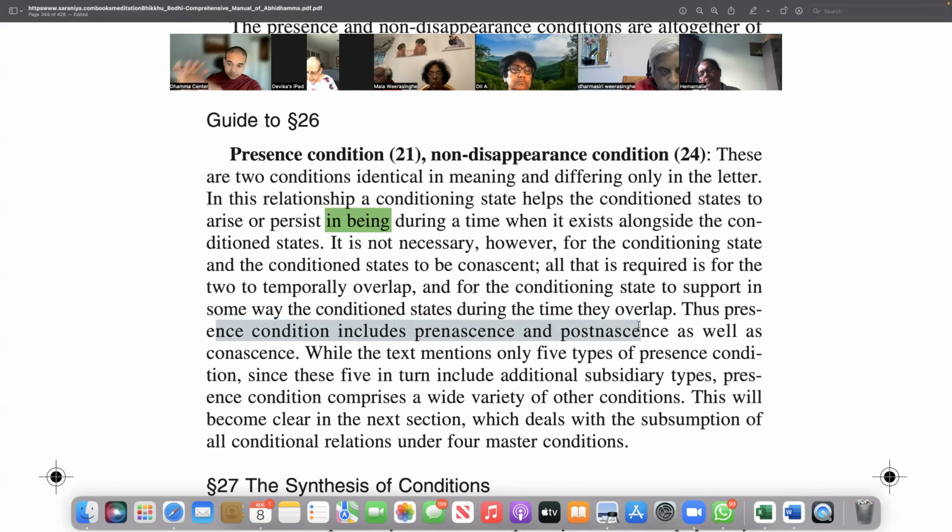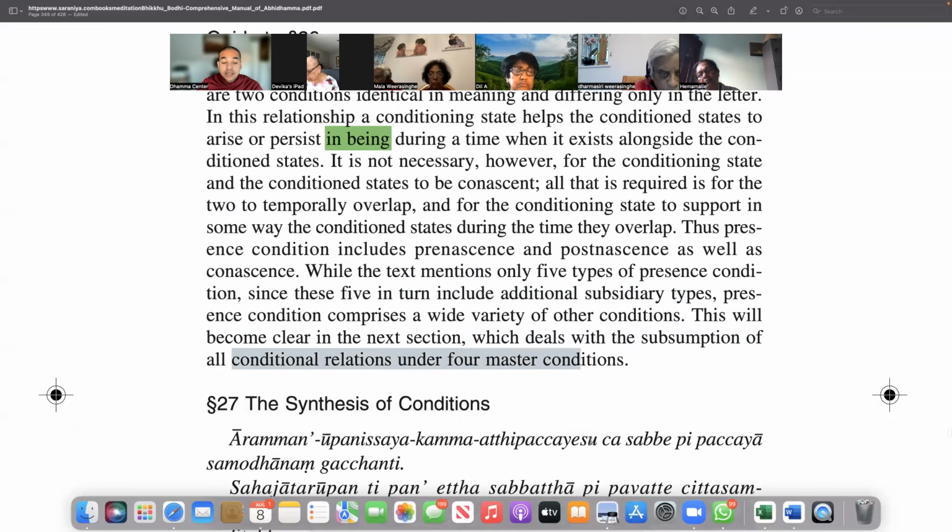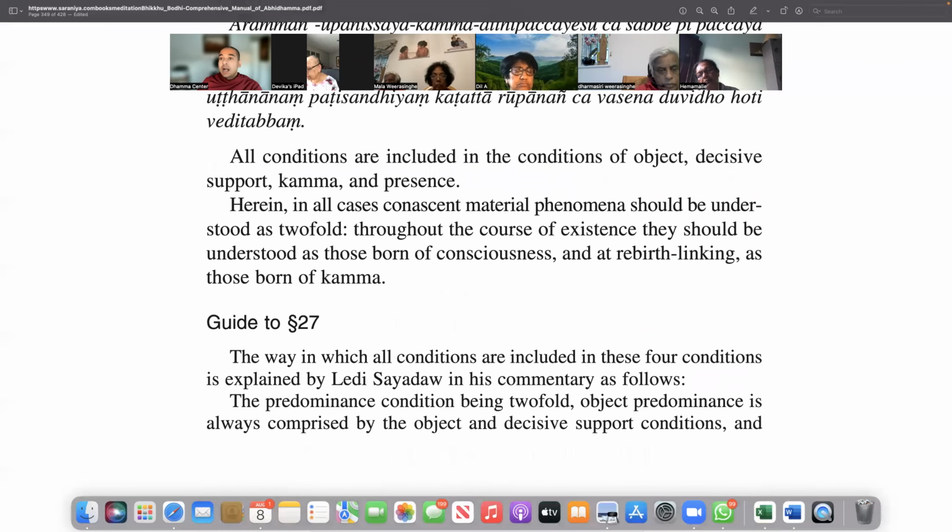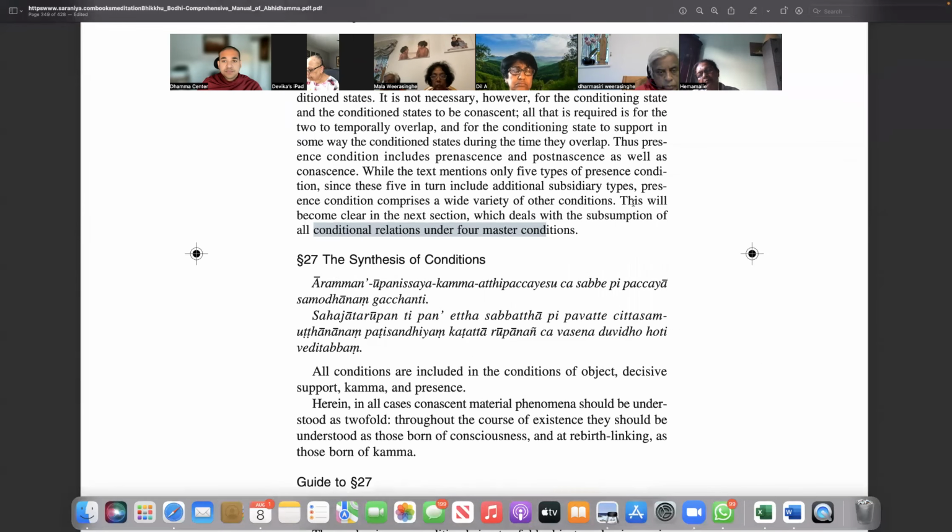Why? They overlap and support. As well as connascence, sahajata. While the text mentions only 5 types of presence condition, since these 5 in turn include additional subsidiary types, presence comprises a wide variety of other conditions. This will become clear in the next section, which deals with subsumption of all conditional relations under 4 master conditions.